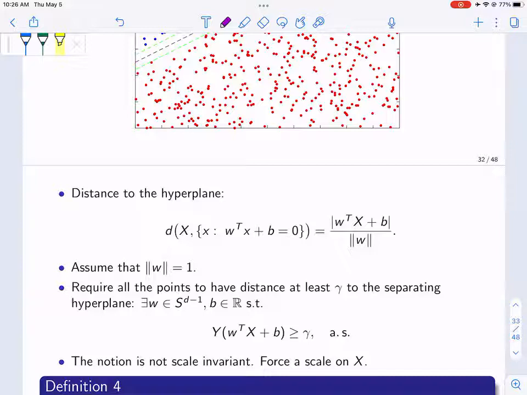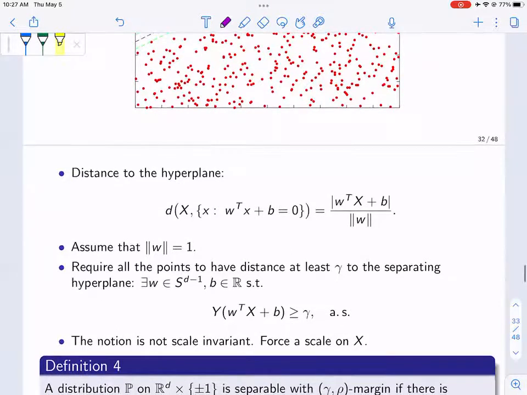You can see that if I rescale w and b, the hyperplane doesn't change, and the same goes here. If I rescale this by alpha and alpha and alpha here. So for simplicity, I'm going to assume that w has norm 1, because there's a scale invariance.